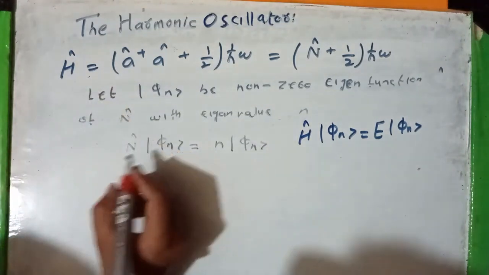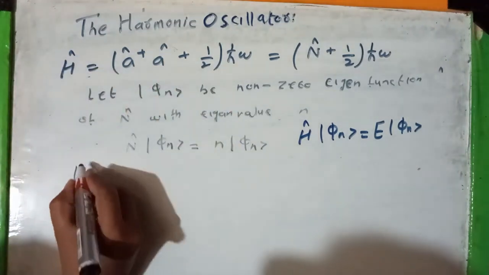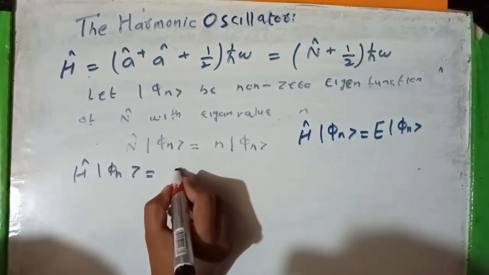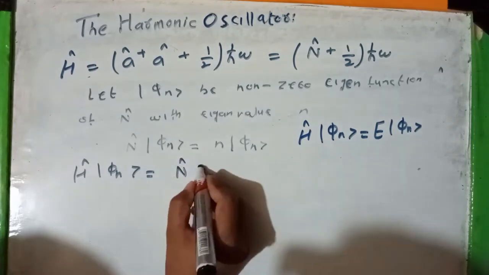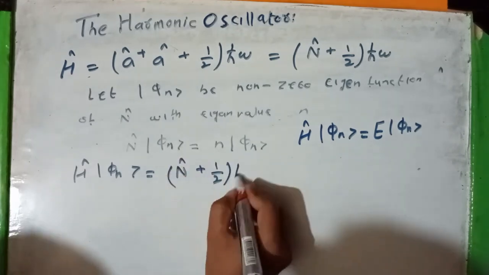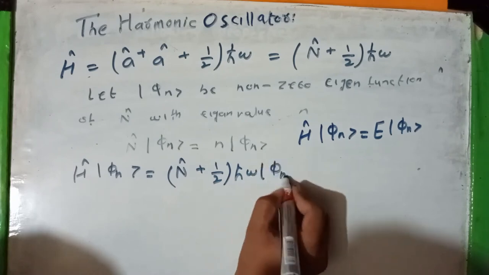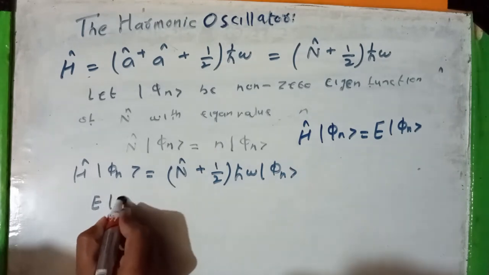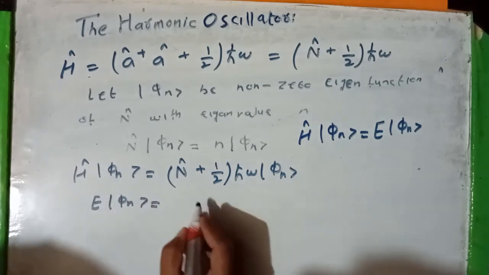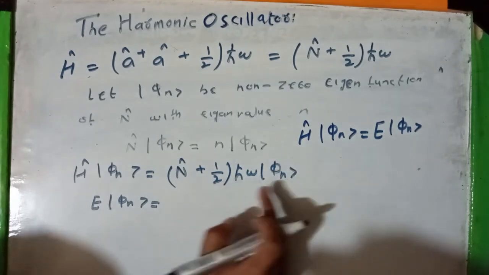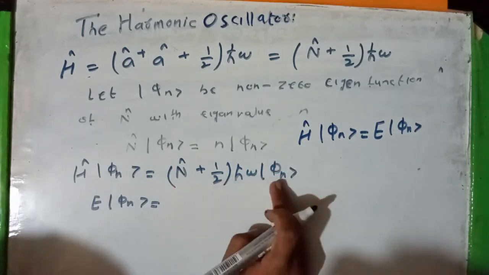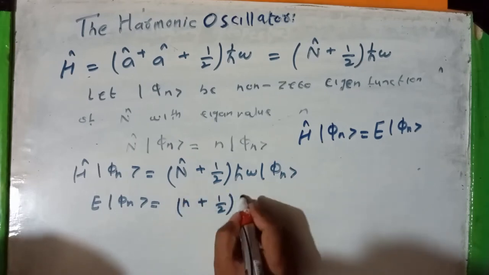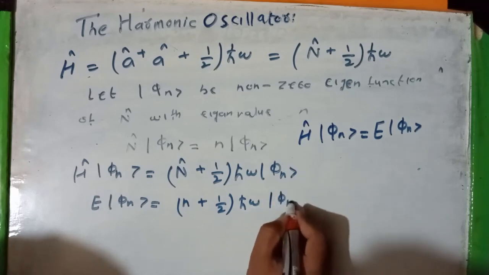So when H acts on this state, H phi of n is equal to (n plus 1 over 2) h-bar omega phi of n, and so this gives us E phi of n.